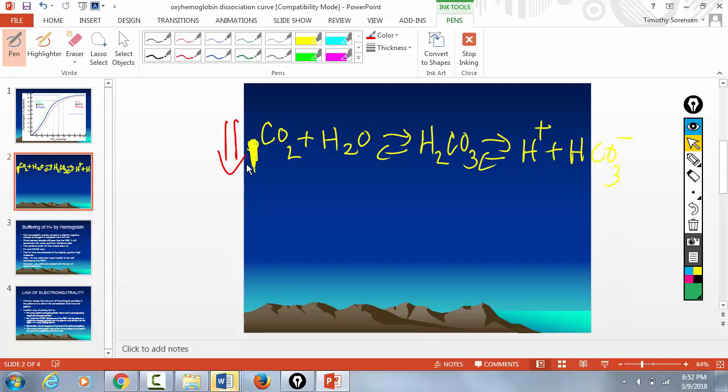There's less CO2 on this side. So you have to make less hydrogen and bicarbonate. How do you make less of them? You combine them and lock them up in carbonic acid. So it will force the equation this way. Tell me you got that. And when you get rid of free-floating hydrogen ions, what happens to the pH?